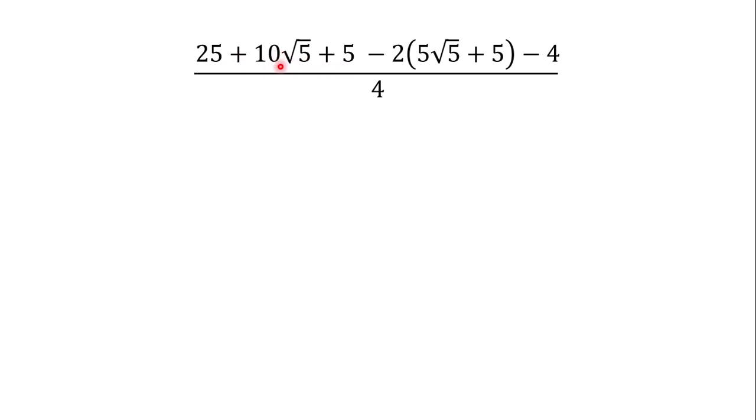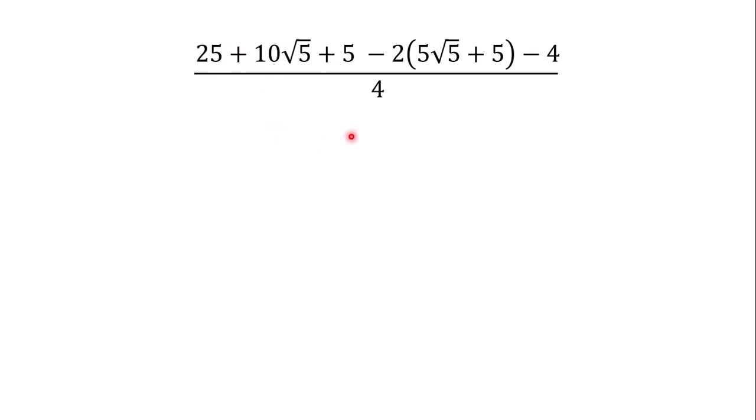Here it was 25 plus 10 root 5 plus 5 all over 4, and the LCM is 4. So 4 divided by 4 gives us 1, and 1 times 25 plus 10 root 5 plus 5 gives us the same thing as this.